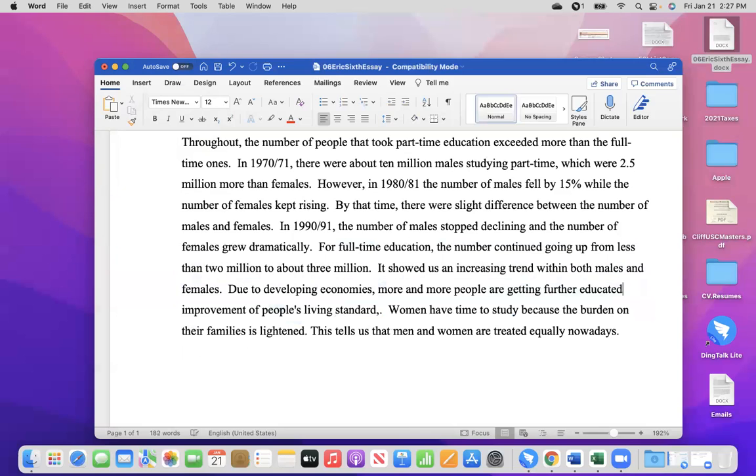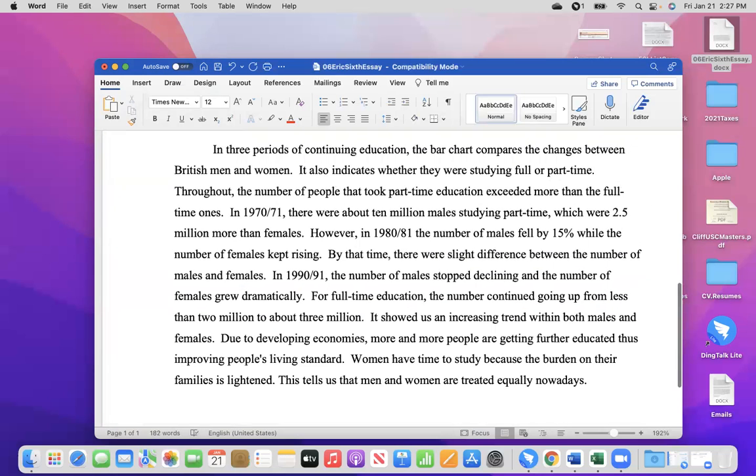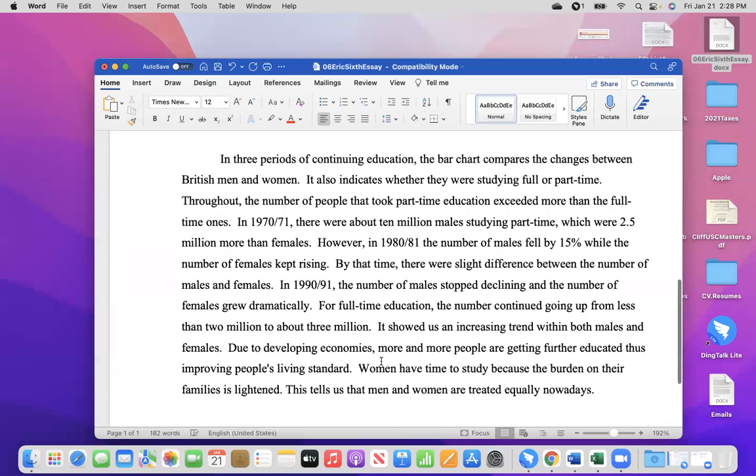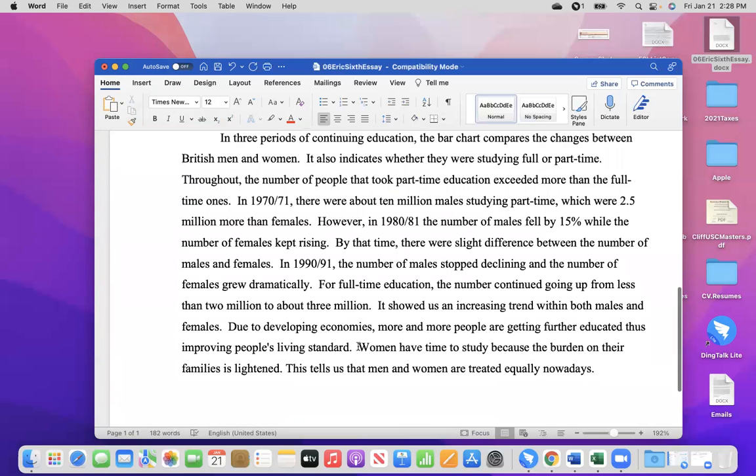Thus improving people's living standard. Just a little bit better. I think so. Okay, and then finally, since this is basically a block essay, how would you want to start the last sentence?